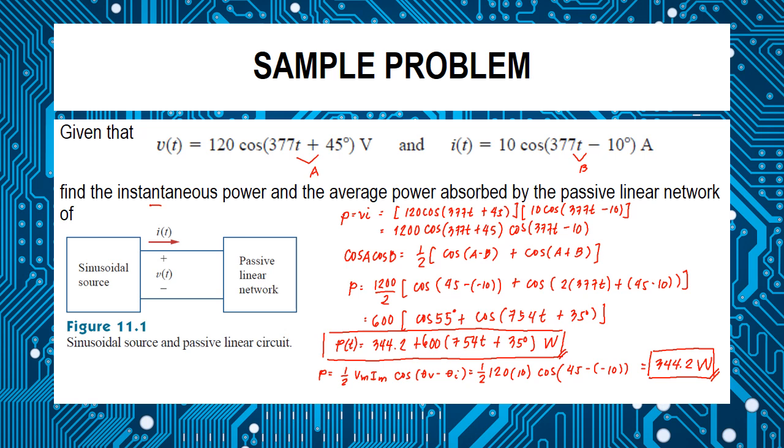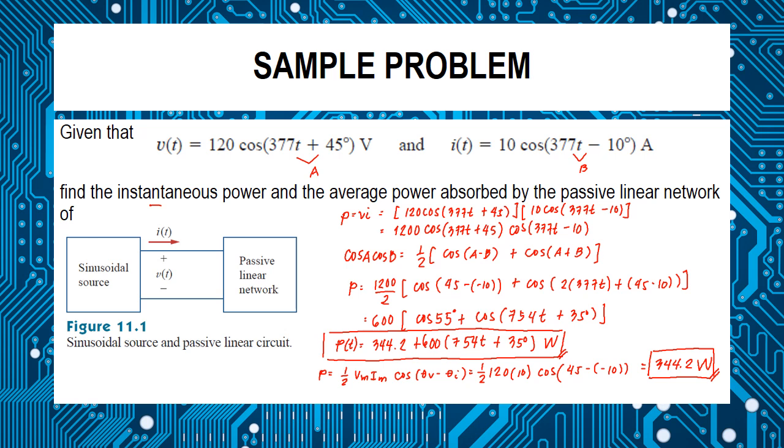So our p is equal to 1200 over 2, and then we have here the cosine of (A minus B), so 377t plus 45 minus (377t minus 10). So 377t will be cancelled, and we will be having 45 minus negative 10. Plus cosine of (A plus B), so 377t times 2 plus 45 minus 10.